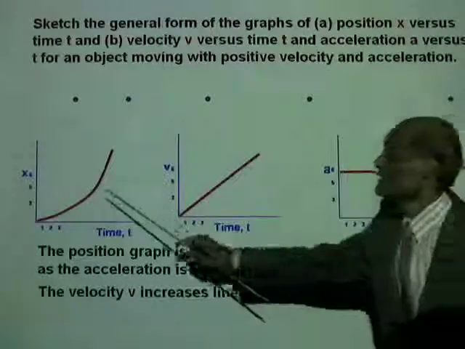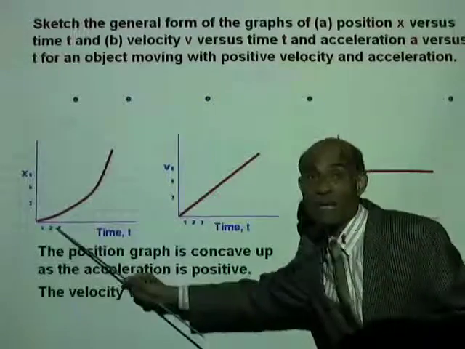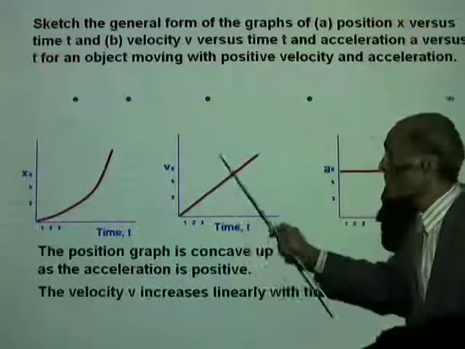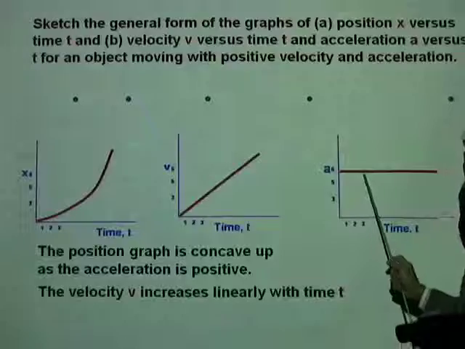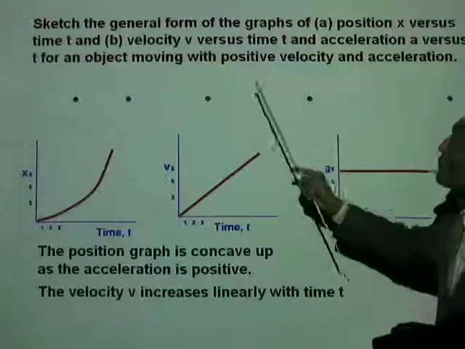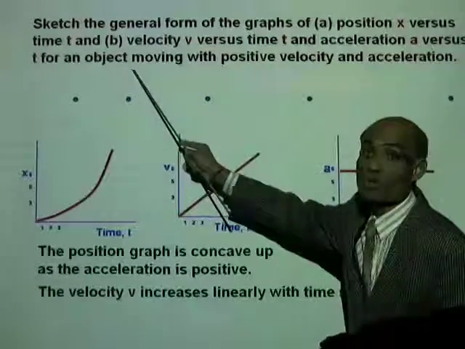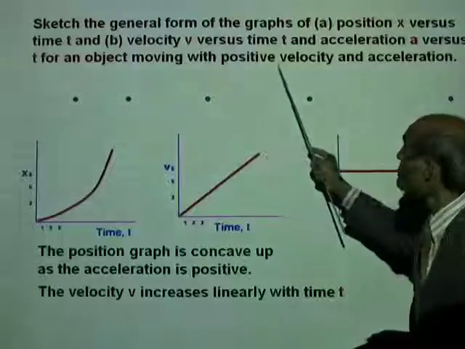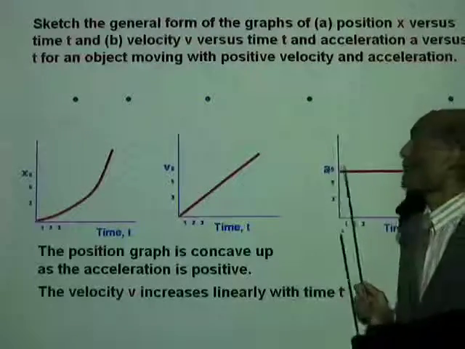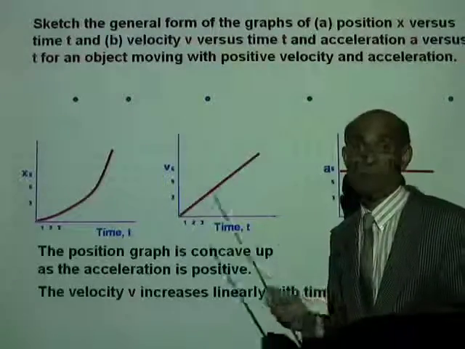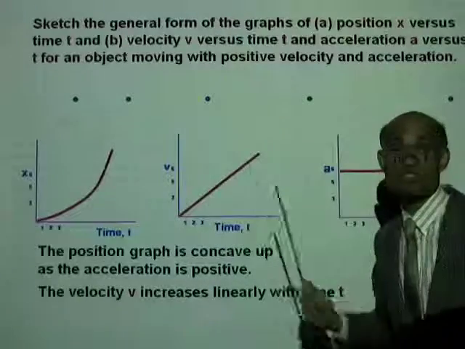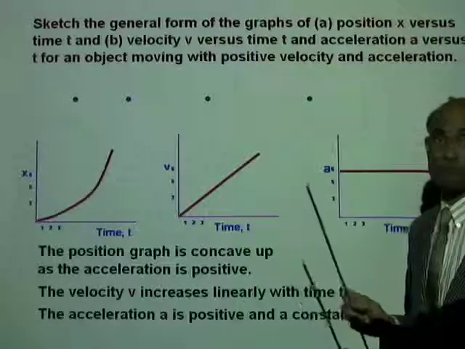You can see how the displacement changes, how the velocity changes, and how the acceleration changes for a particle moving with positive velocity and positive acceleration. I want you to learn these descriptions. Alright?